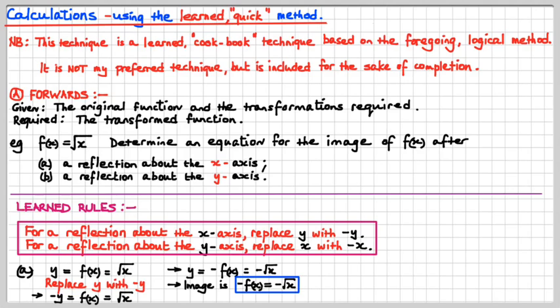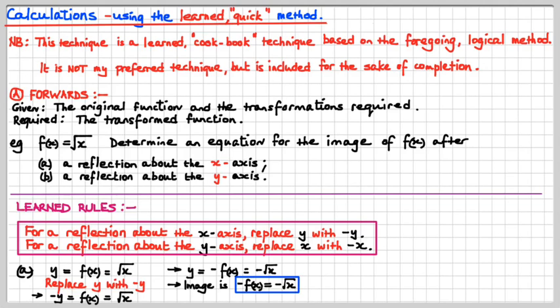The image is minus f of x equals minus root x, or if you like, y equals minus root x. Both should suffice. I just do it as a three-way little expose here, to give you the flexibility as to how you want to express your final answer. Usually y equals minus root x, or minus f of x equals minus root x. Usually both will do. It depends on how they've worded the actual question in the first place.